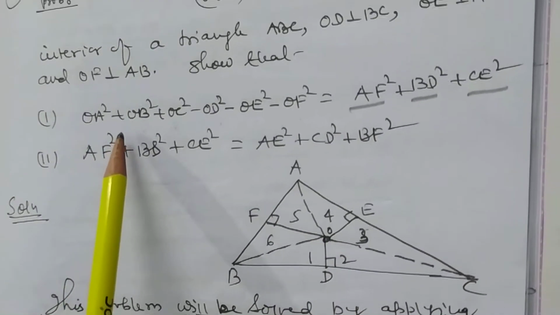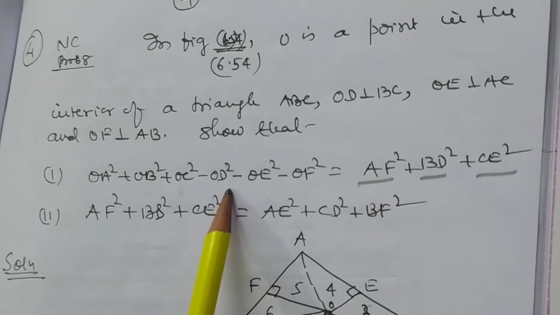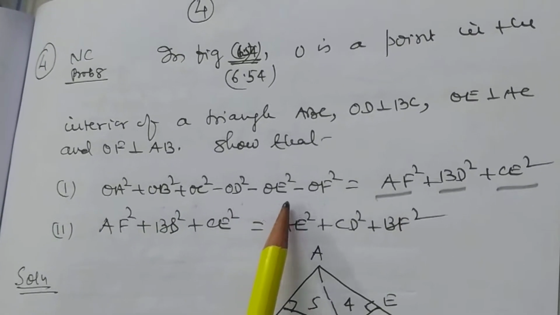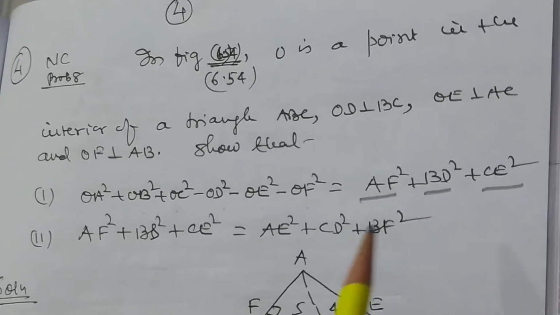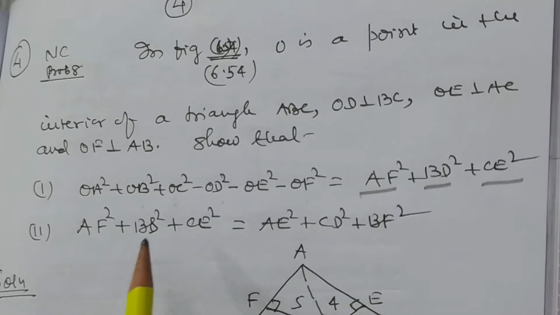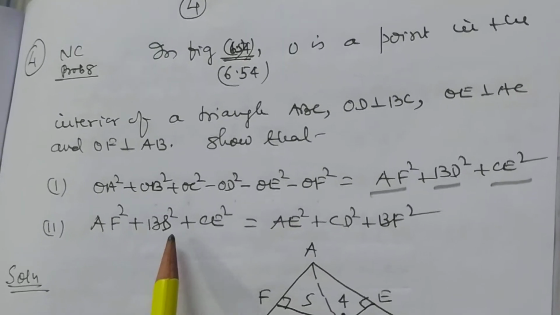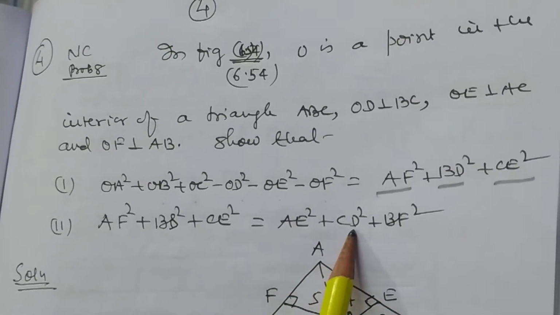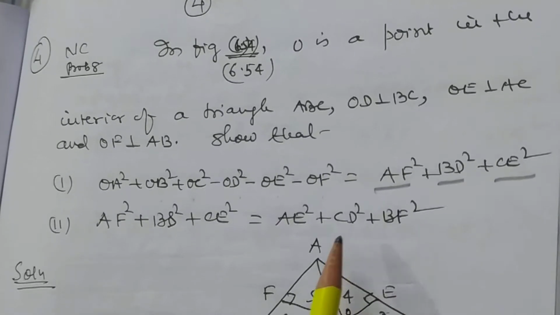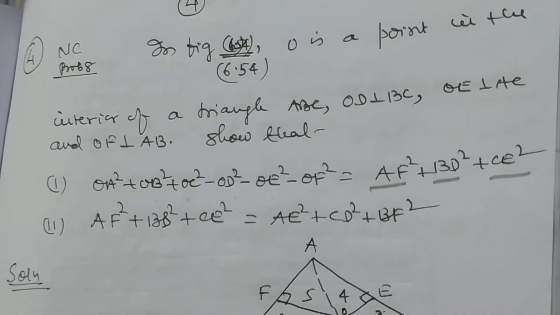Show that OA square plus OB square plus OC square minus OD square minus OE square minus OF square is equal to AF square plus BD square plus CE square. And second sub-problem is AF square plus BD square plus CE square is equal to AE square plus CD square plus BF square. This problem is very, very important, my dear students.